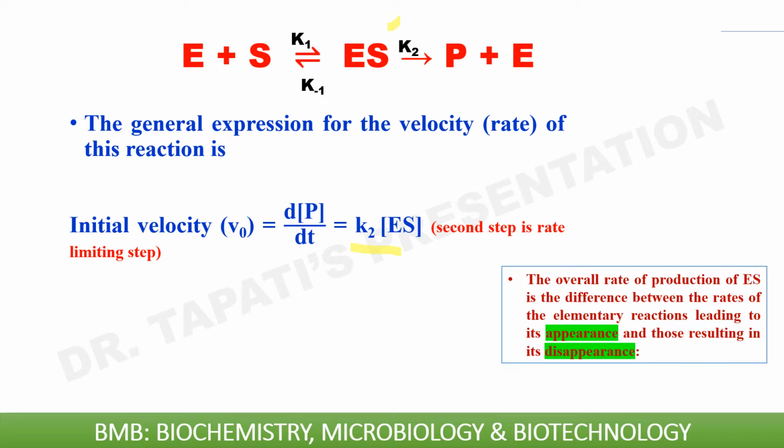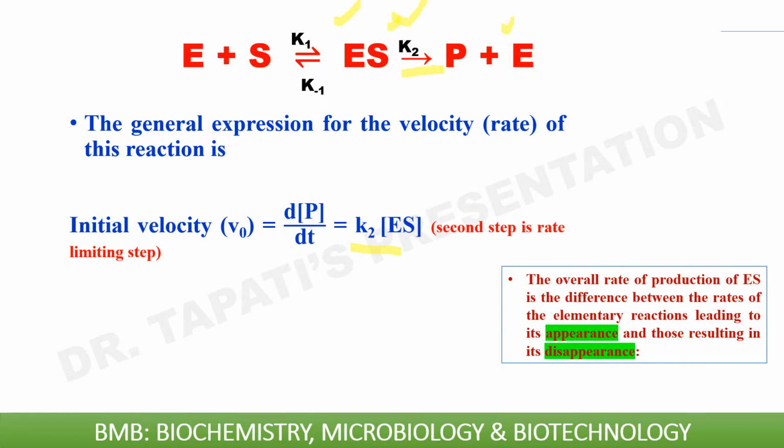According to this model, when the substrate concentration becomes high enough to entirely convert the enzyme to the ES form, the second step, that is ES to P plus E formation, becomes the rate limiting step. And the overall reaction rate becomes insensitive to further increases in substrate concentration.